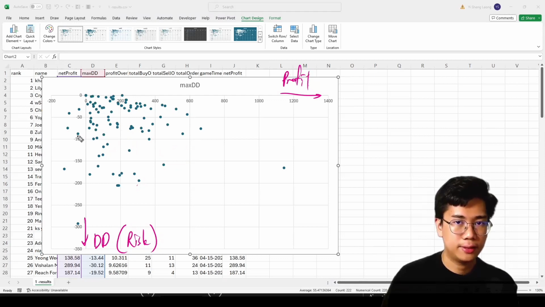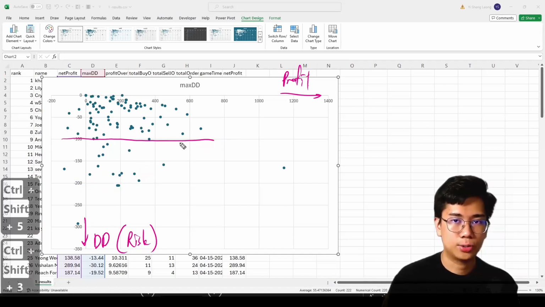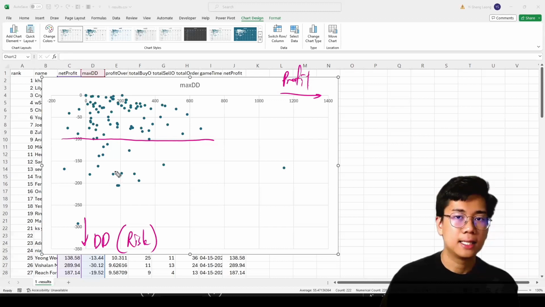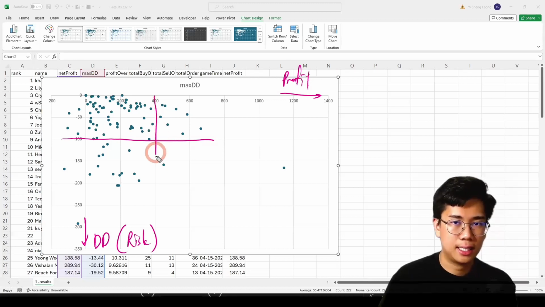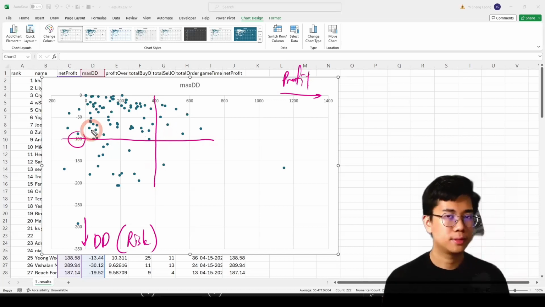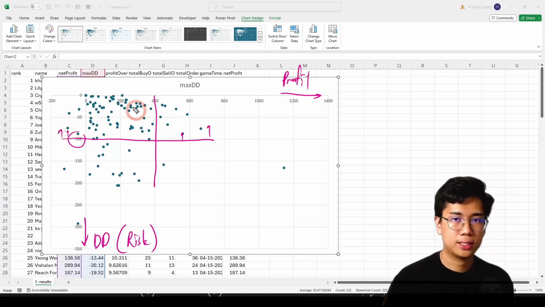So let's do a cut, when your drawdown is here versus here. Over here, what you can see is that when the drawdown is lesser than $200, meaning anywhere above here, the majority of trades are performed in a very smooth manner.